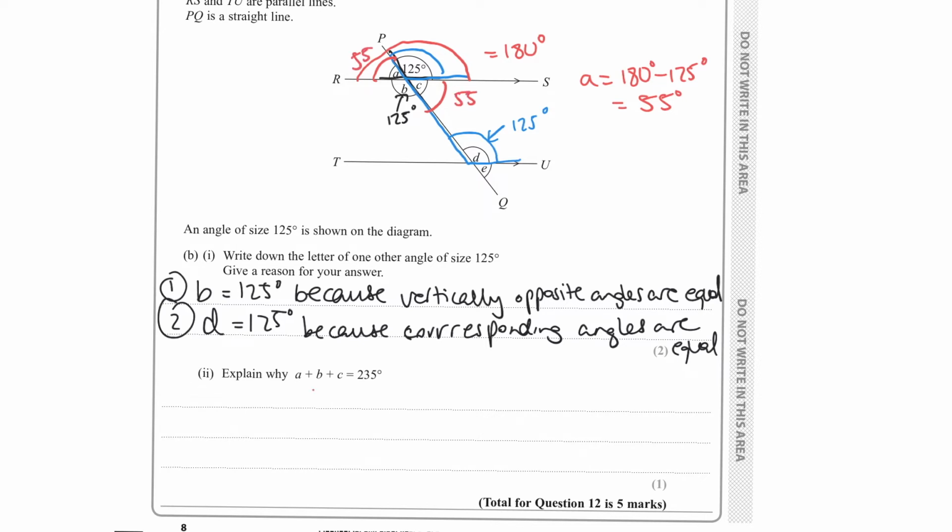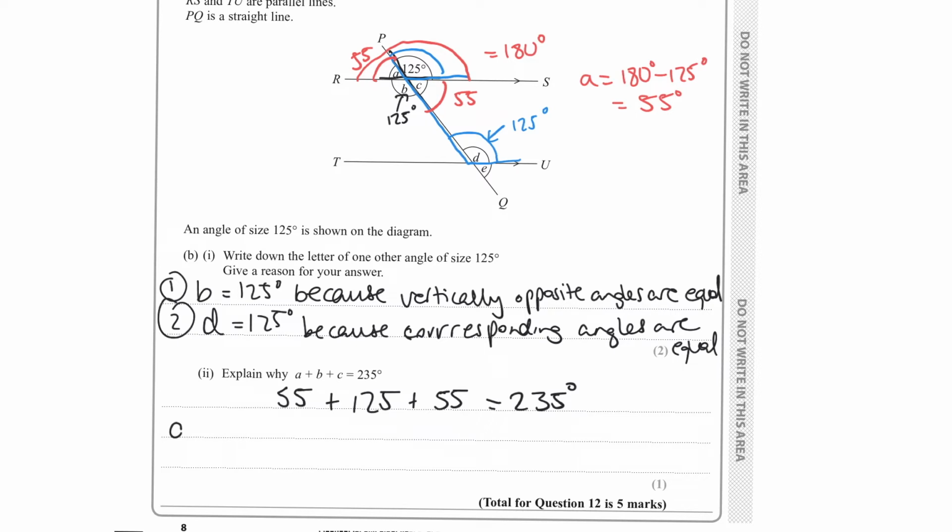So if we're adding A, which is 55, plus our B, which is 125, plus our C, which is 55, that would leave us with 110 plus 125, so that would leave us with 235 degrees.